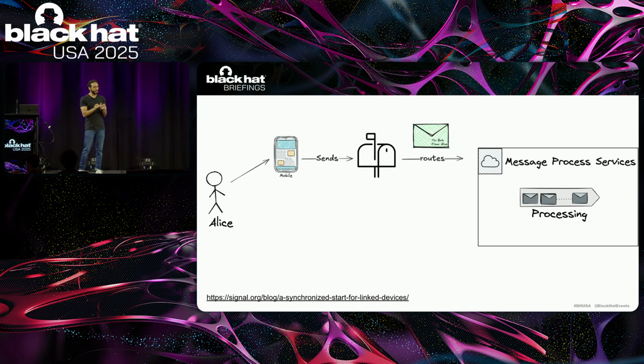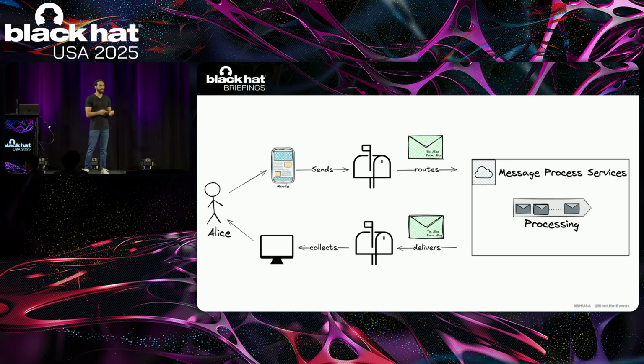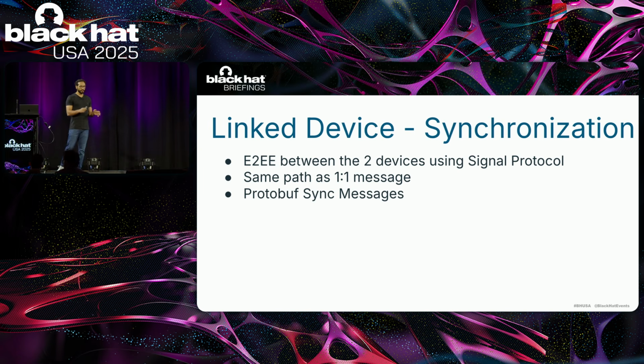This conversation is still end-to-end encrypted using the same Signal end-to-end protocol, where Alice sends another message to herself saying, hey, I've sent a message to this user, so update your current state. These are known as sync messages, or synchronization messages. They are sent from device to device to update the current status. They use the same exact end-to-end encryption protocol as if you're communicating with anyone, and the same path as one-to-one messages, and they are protobuf sync messages.